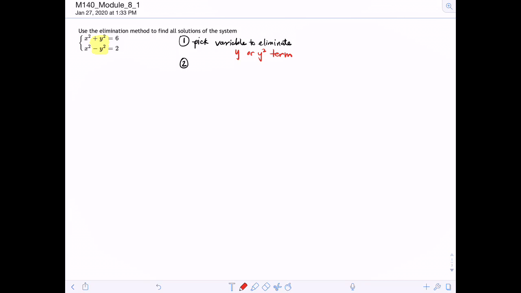And the second thing would be, once you do that, we would just want to verify that they have the same coefficient and opposite signs.